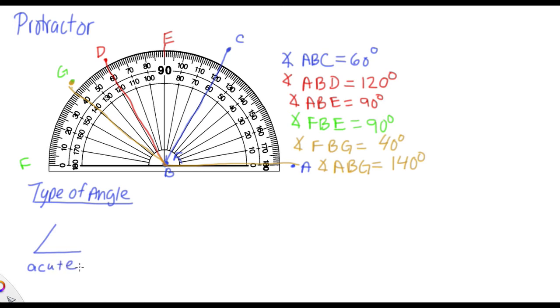An acute angle is between 0 and 90 degrees. This small circle here is the sign for degrees. So we can look here and see that ABC is 60. This we would say is an acute angle.